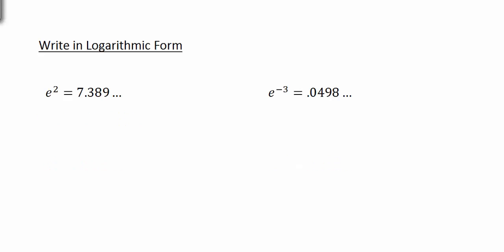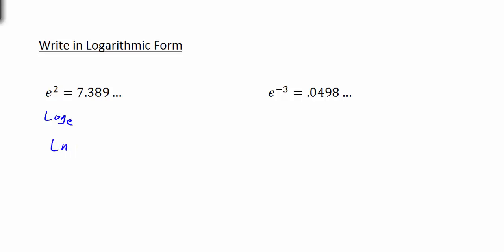All right, and then our last couple examples here go the other direction. How can we write this equation in logarithmic form? Well, we have e to the second power equals 7.389. So we know the base is e. That means we would have log base e, but instead of writing log base e, we would simply write ln.